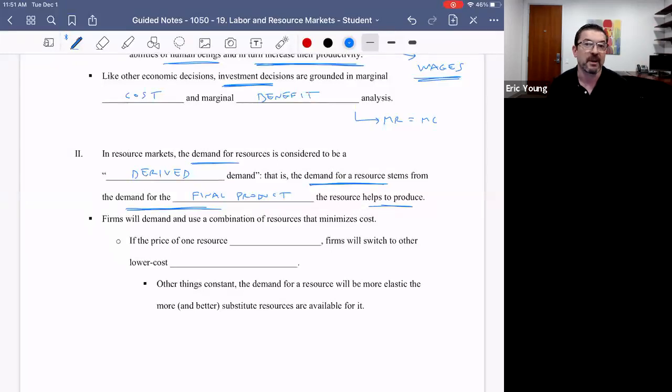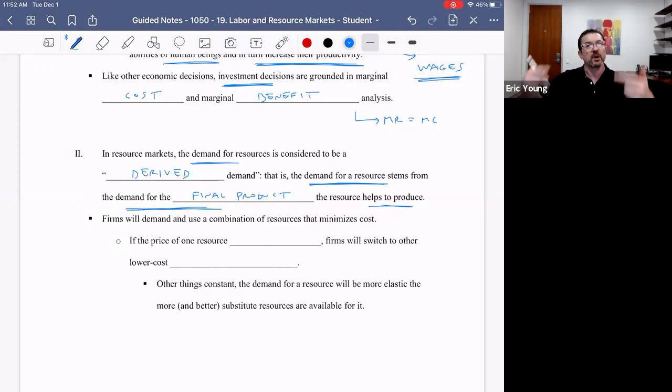Let's say that something happened. We don't know what it is, but let's say that something happened and all of a sudden the number of economics and business majors fell. Okay, something happens and the number across the country of econ majors and business majors falls. Well, that would imply there's going to be a drop in the demand for economics classes.